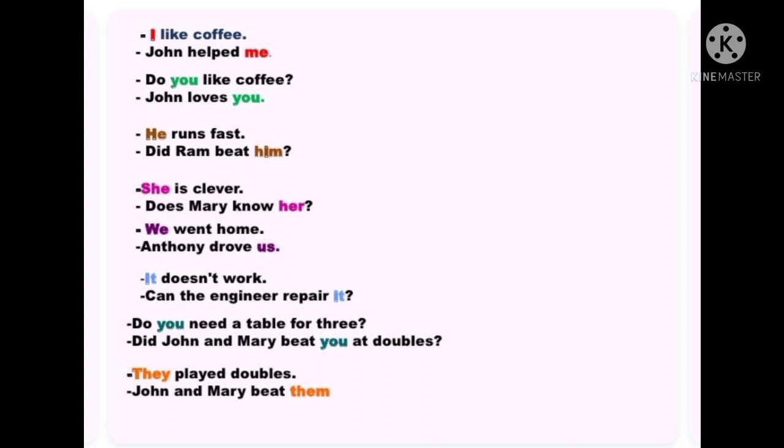John, help me. Do you like coffee? John loves you. He runs fast. Did Ram beat him? She is clever. Does Mary know her? We went home. Anthony drove us. It doesn't work. Can the engineer repair it?